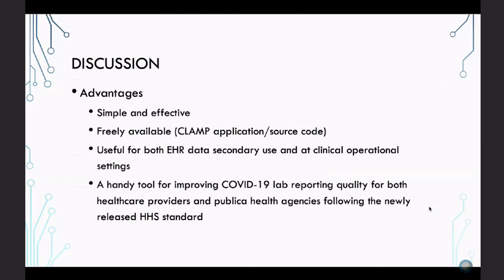This tool is also publicly available with source code. For ease of use, we also developed a web application so that end users can easily map their local COVID-19 lab testing names to standardized LOINC codes using the online form, improving the efficiency of multi-center data aggregation and global knowledge sharing.